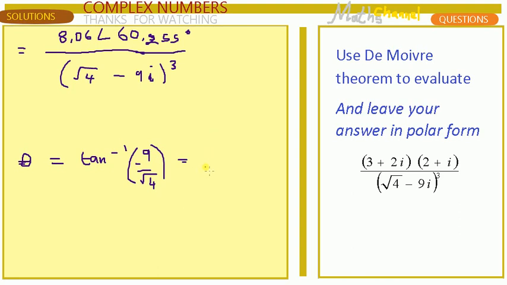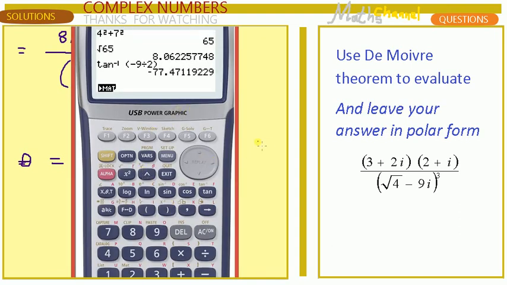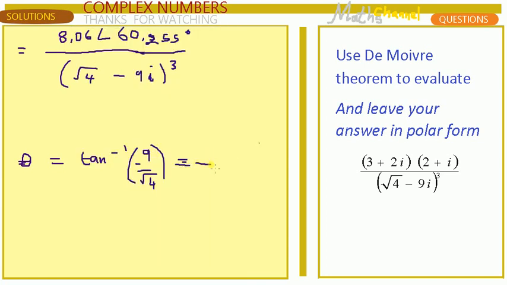So we have the angle. You will notice that the square root of 4 is 2, so you can change it if you want to.